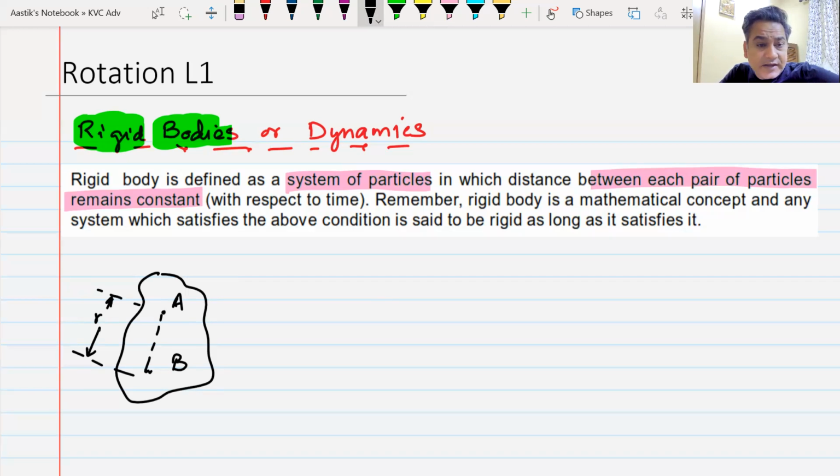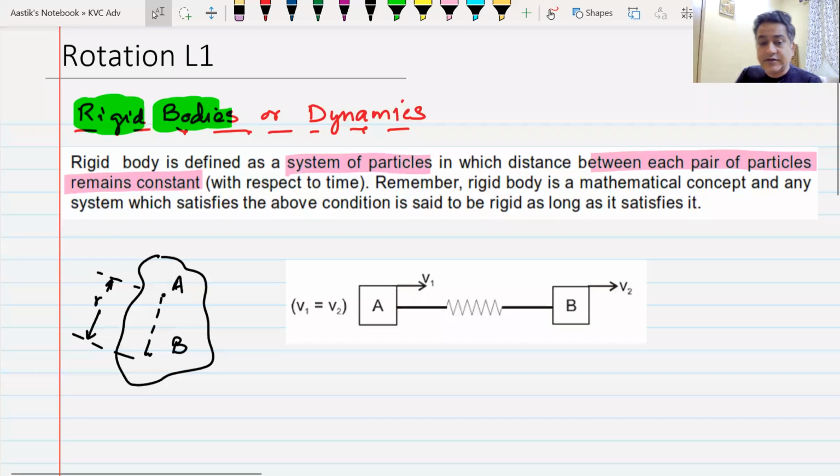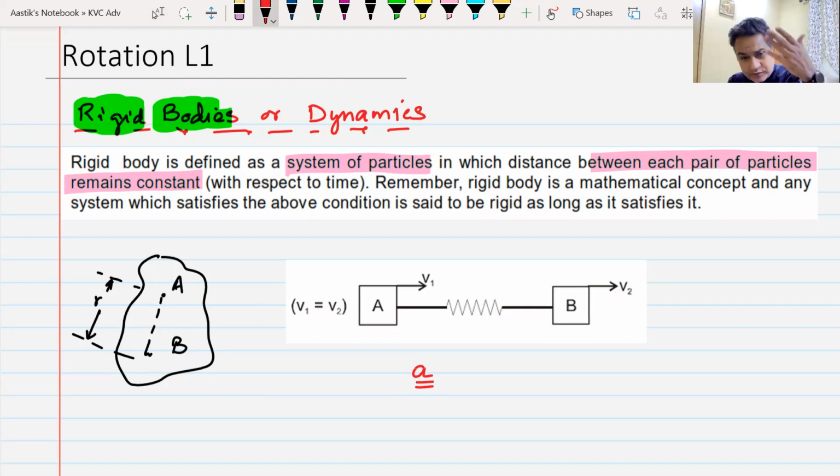But as said, it may not be a body. It may be a system of particles as well that can act as a rigid body. Just to give you an example, this system which you see in diagram A or B consists of three bodies: a body A, a body B, and a spring.